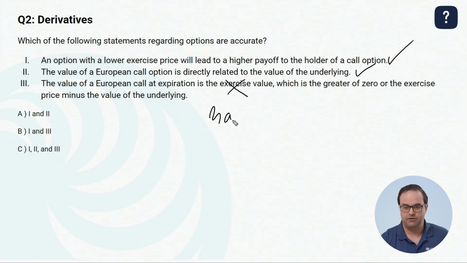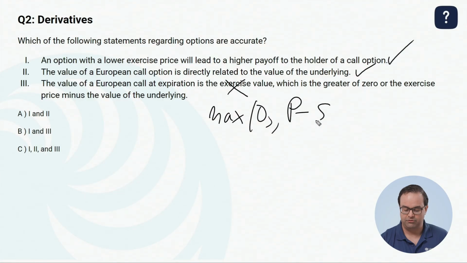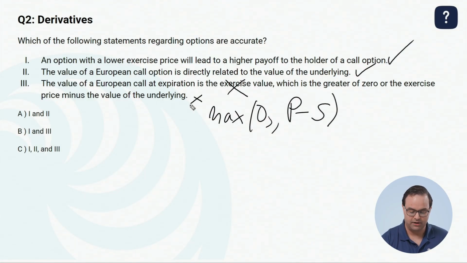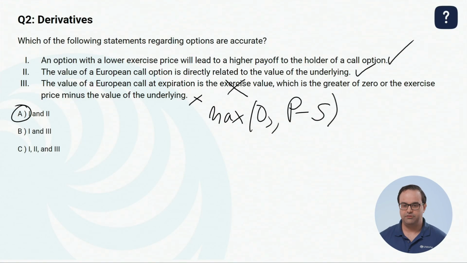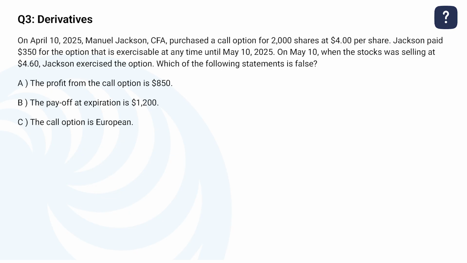It is the max of 0 if it is out of the money, or simply the price of the asset minus the strike price, which is the intrinsic value. This one is incorrect. So in this example, 1 and 2 are the accurate statements.